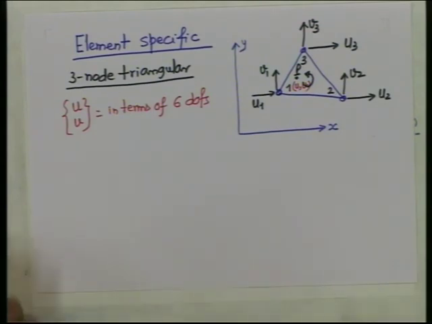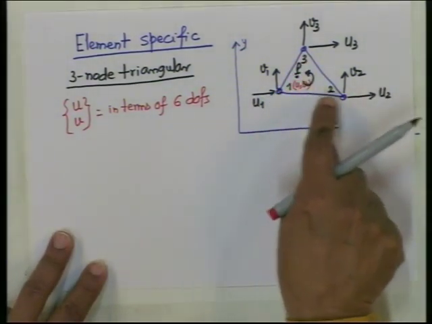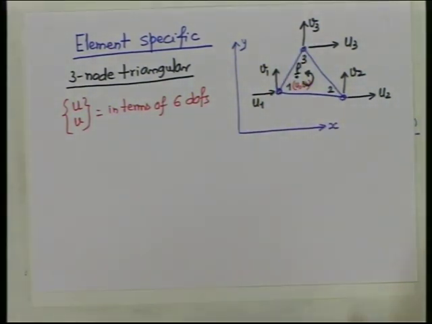That is the crux of the matter. You must be able to express u and v within the element, moving to any point, in terms of nodes 1, 2, 3, because that is the first step. In 2 dimensions it can be written as N1 u1, N2 u2, N3 u3.